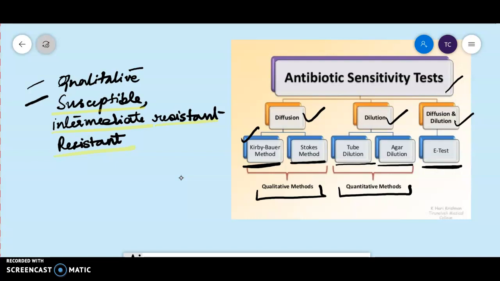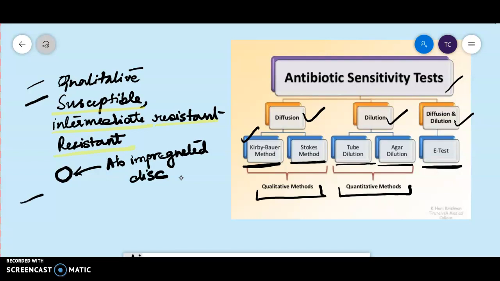Now Kirby-Bauer antibiotic testing is a test which uses an antibiotic impregnated disc. So you have your antibiotic impregnated disc. Okay, so you require this to test whether particular bacteria are susceptible to that particular specific antibiotic.